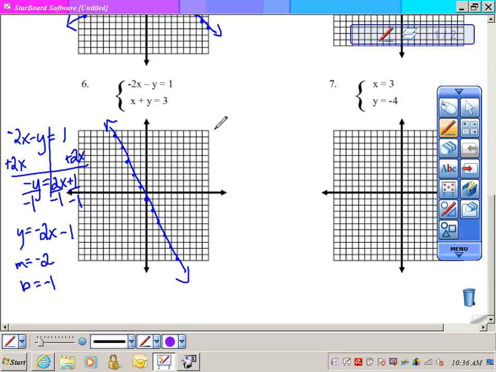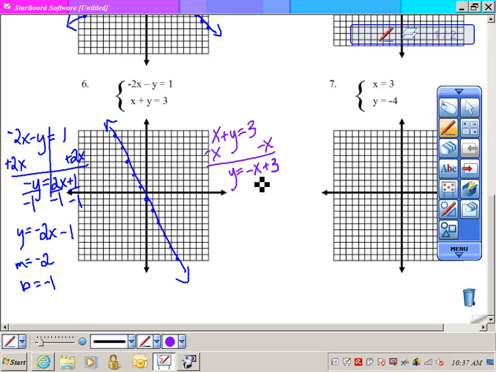Okay, in the second equation I have x plus y equals 3. What's got to happen here? Very good. Subtract x. So that leaves me with 3 minus x, or negative x plus 3.